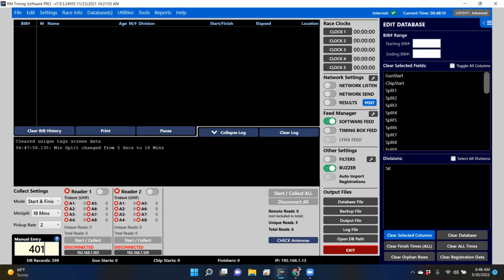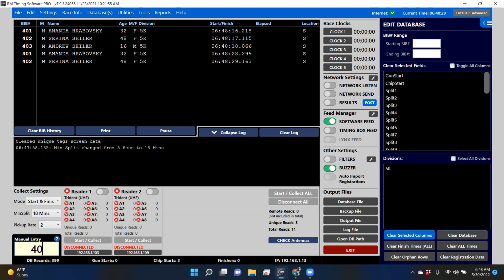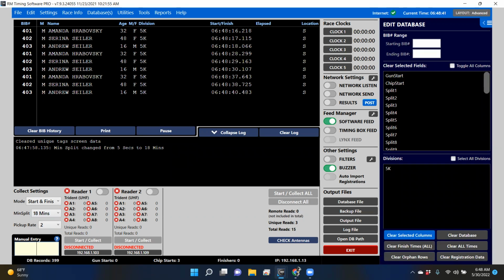So now bibs 401, 402, 403 come over and take photos. And then 60 seconds later, or 5 minutes later, or 10 minutes later, they come back over and they start the race. And then they're like, oh shoot, I forgot to grab my water bottle. So they run back over your finish line a third time to get their water bottle.